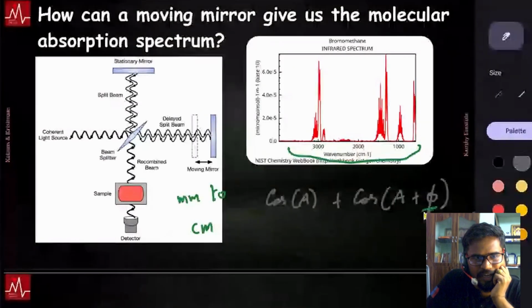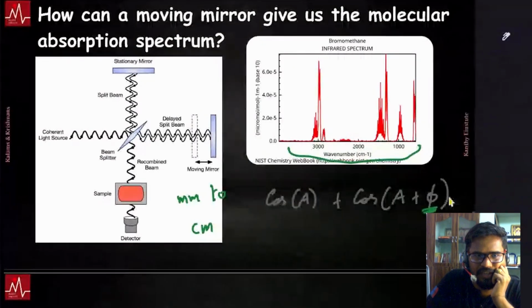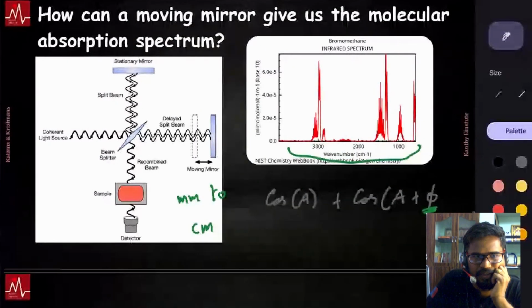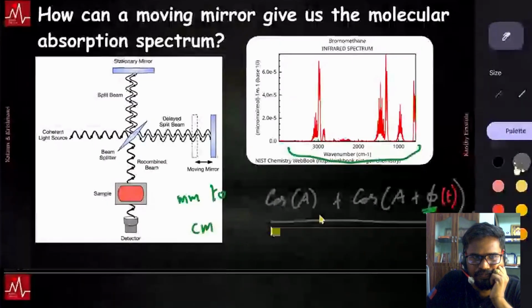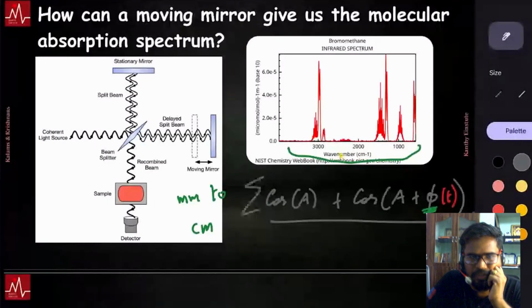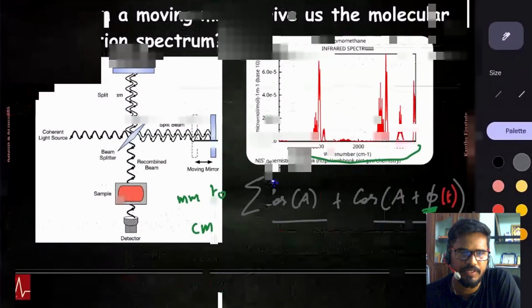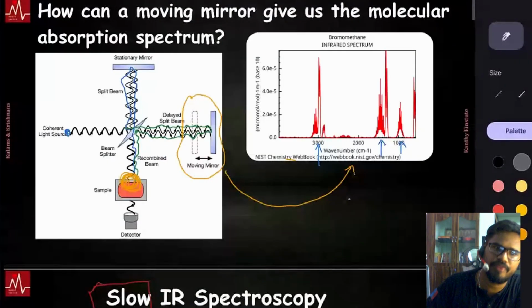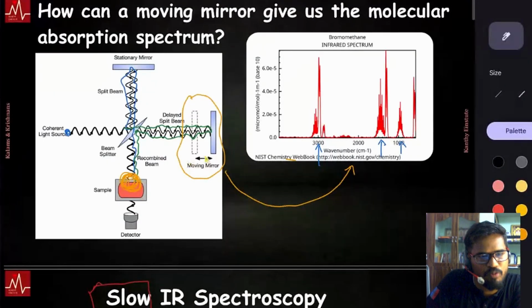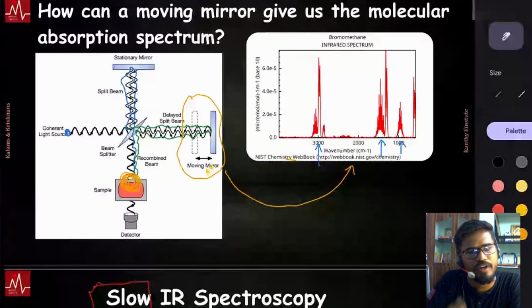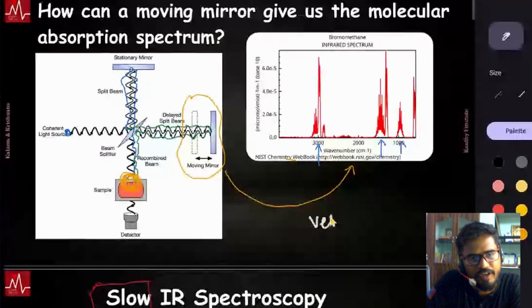This is due to a minor path difference, and that path difference keeps changing as a function of time. So this is what you observe. If you have multiple frequencies, it's a summation of this. This is what happens in an FTIR. It makes use of minor, tiny movements to encode and decode information, so it is like a grandchild of, in fact, the vernier caliper.